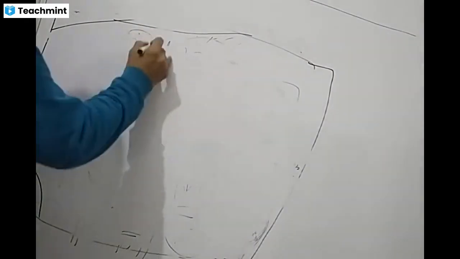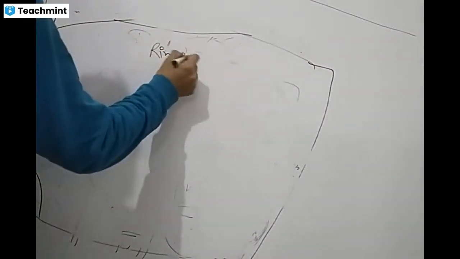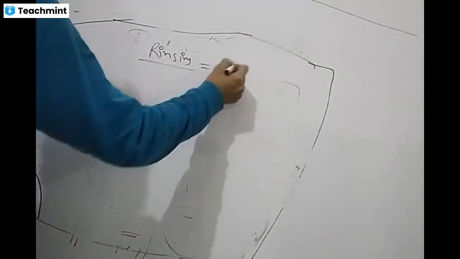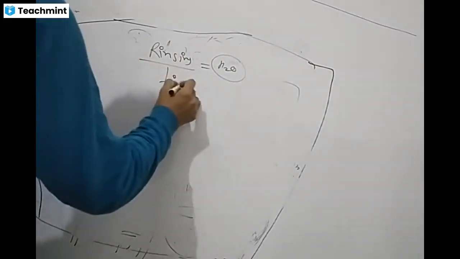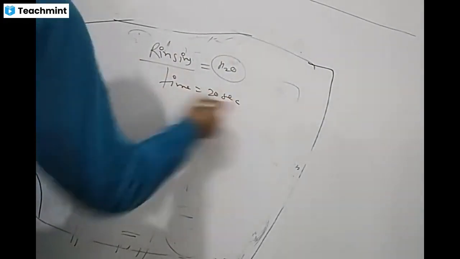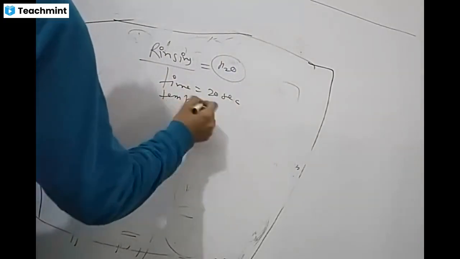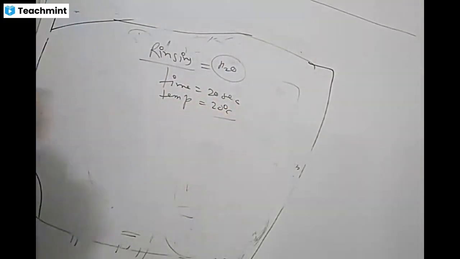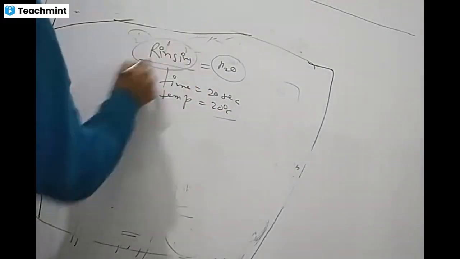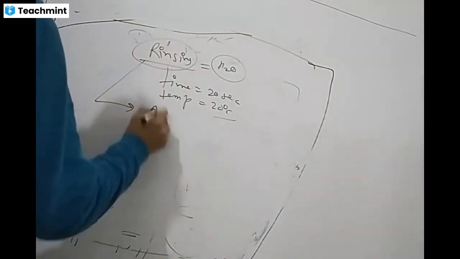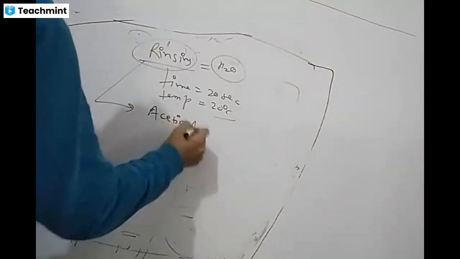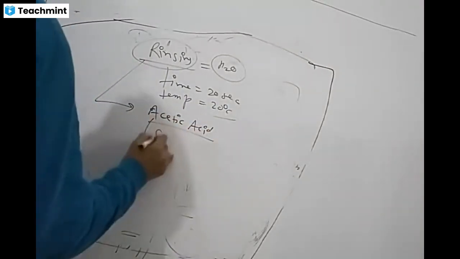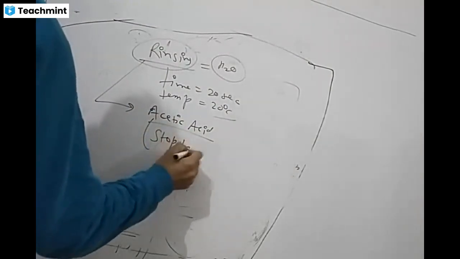After developing, the next step is rinsing or washing with water. Time is 20 seconds and temperature is the same, 20 degrees centigrade. Here in rinsing we can use acetic acid also, and that is called stop bath.